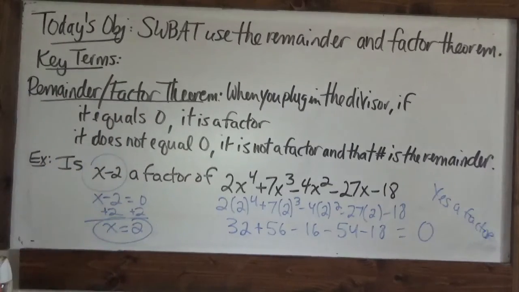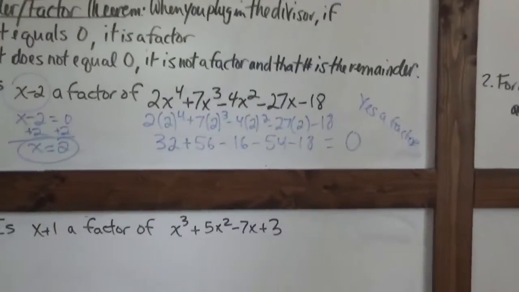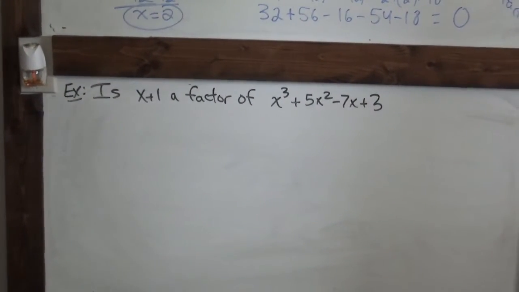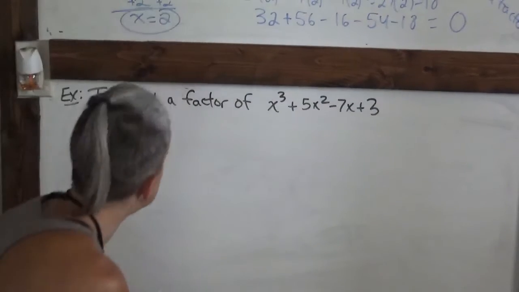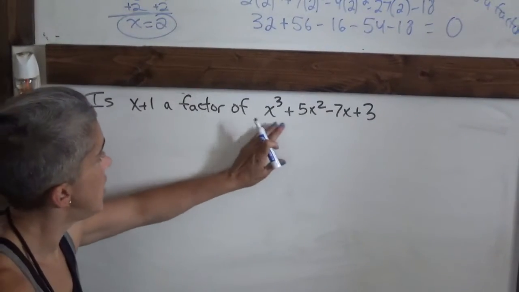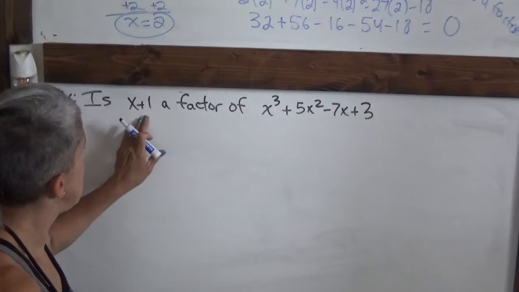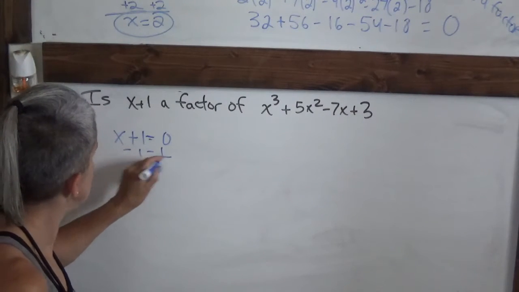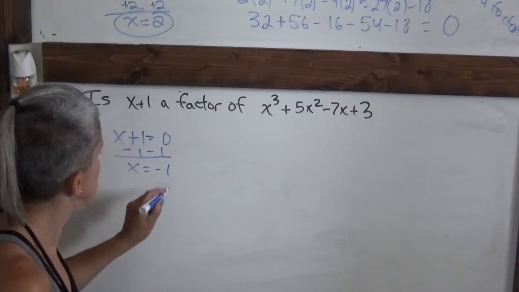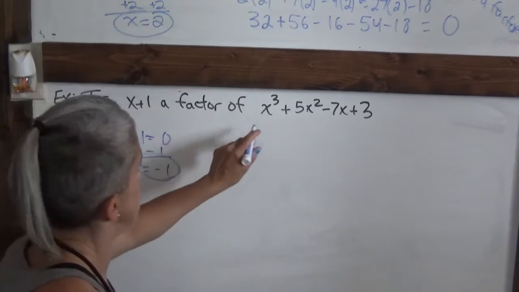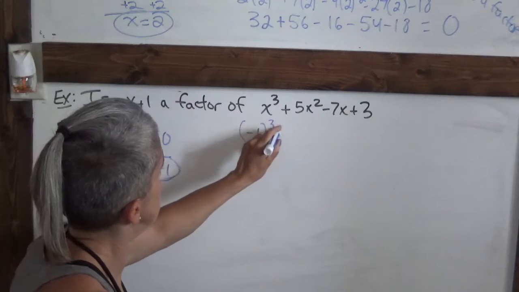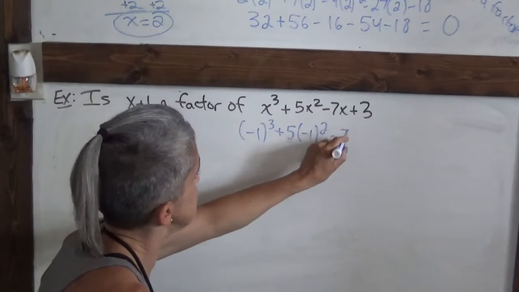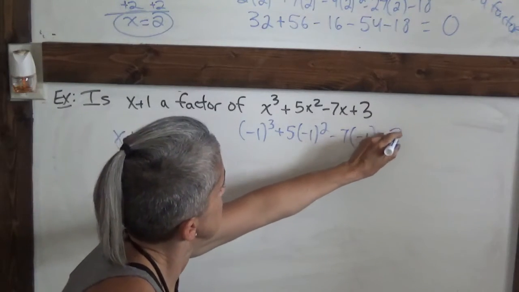Okay, let's move down. Alright, let's do another one. I'm asking, is x plus 1 a factor of this one? So let's get the divisor to plug in. The divisor I would use, make that equal to 0. I'm going to be plugging in negative 1 for x. So negative 1 to the 3rd plus 5 times negative 1 squared minus 7 times negative 1 plus 3.